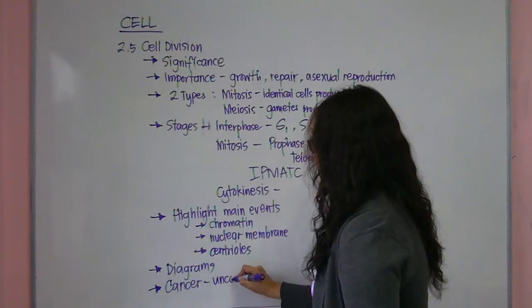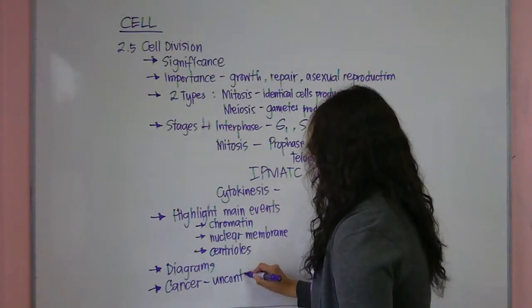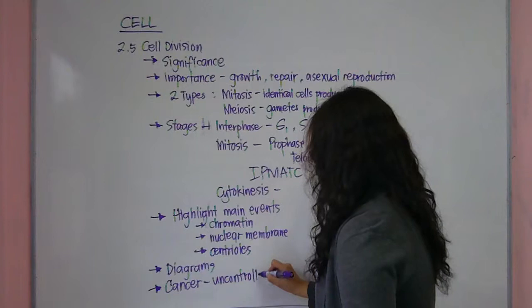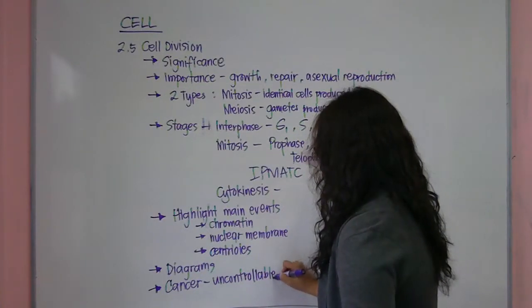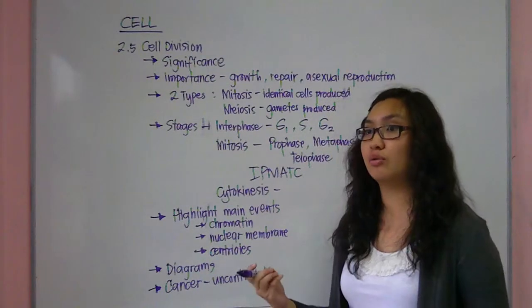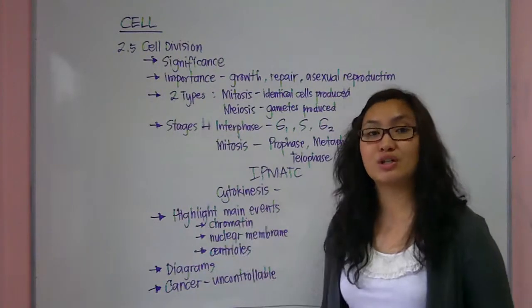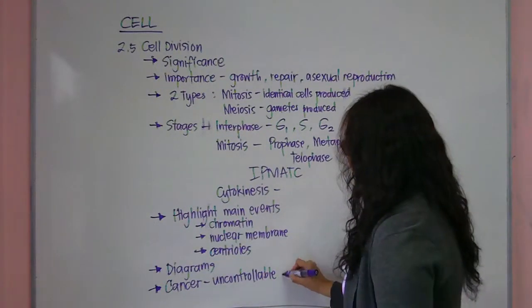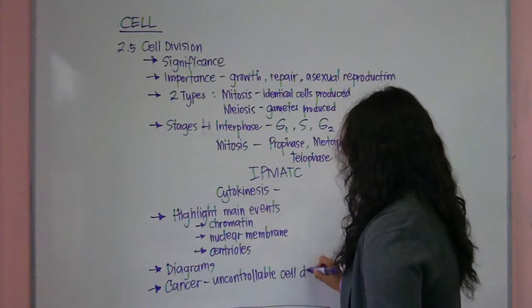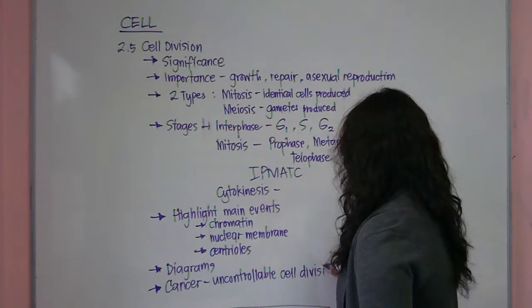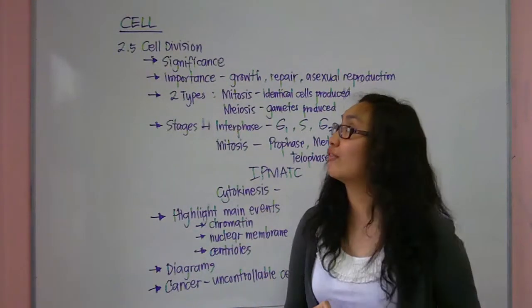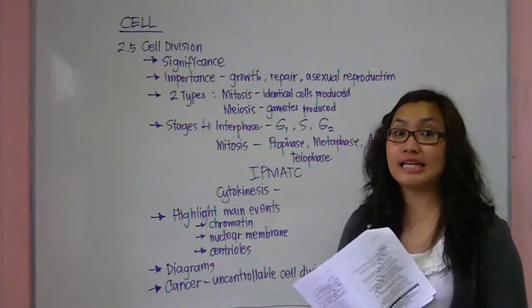So whenever the DNA is mutated or destroyed, it can lead to uncontrollable cell division of the cell. Okay. So that is all for this topic.